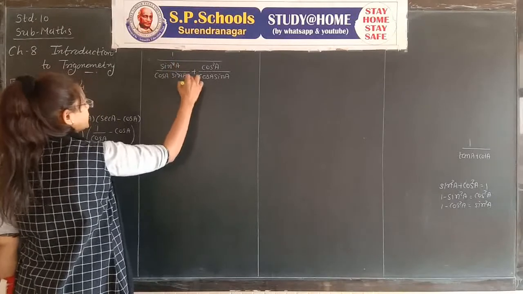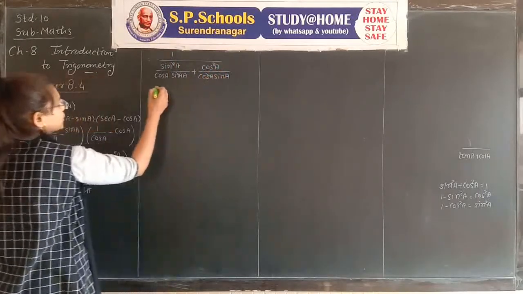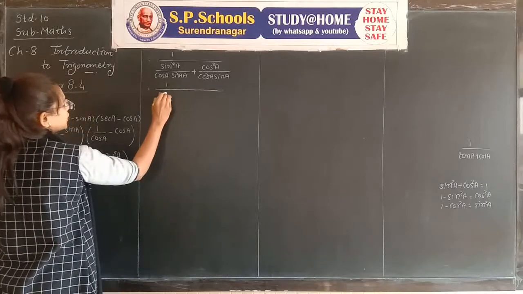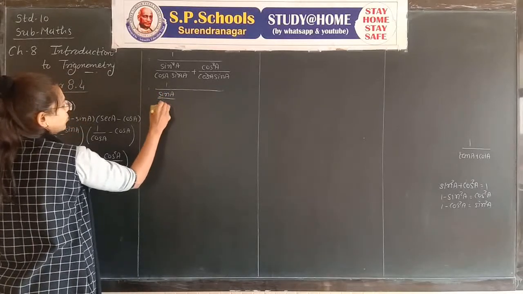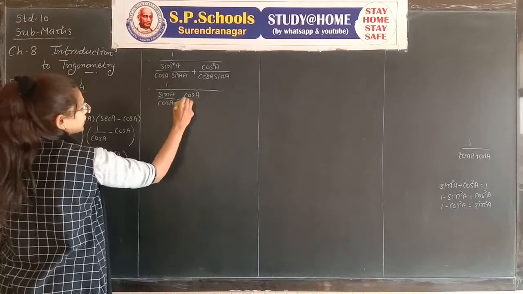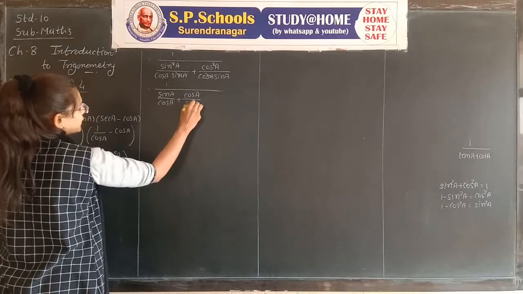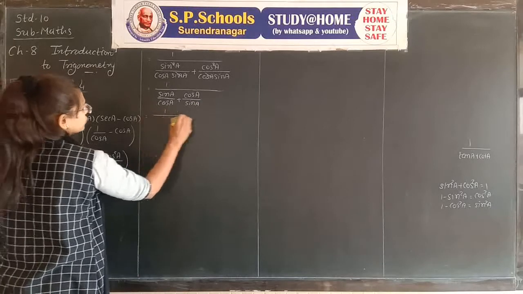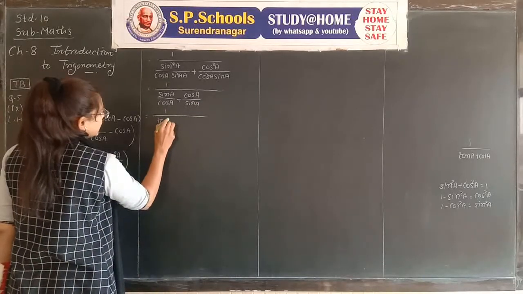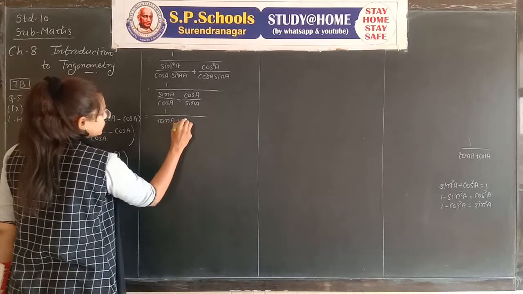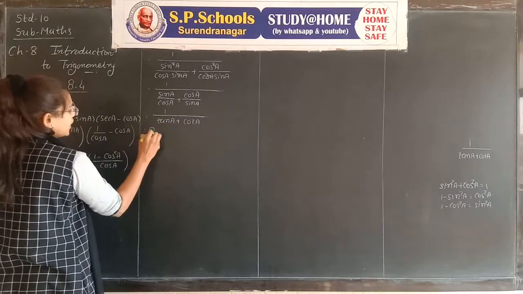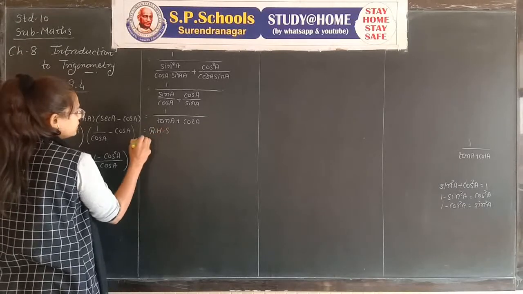Now one time sin cancels, one time cos cancels, the remaining is 1 upon sin A upon cos A plus cos A upon sin A, which is equal to 1 upon tan A plus cot A, since sin upon cos is tan A and cos upon sin is cot A. But it is our right hand side.